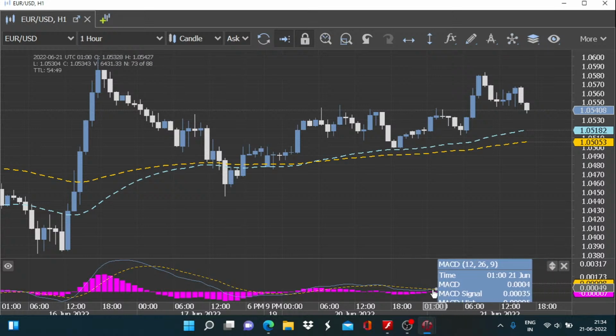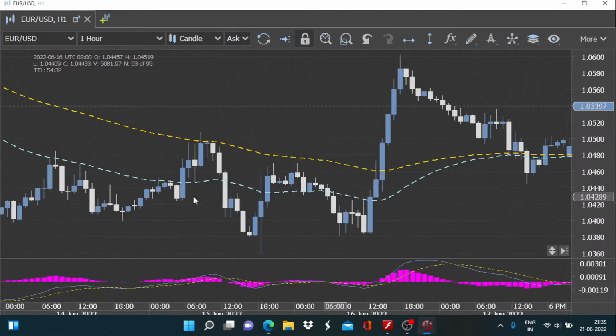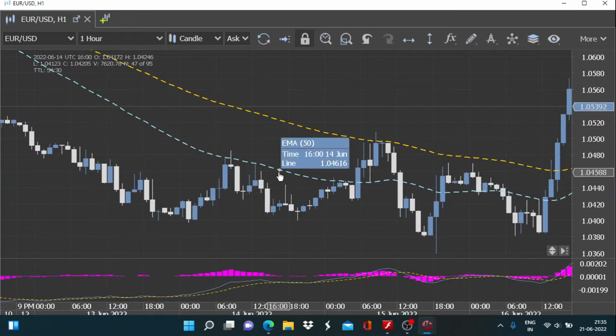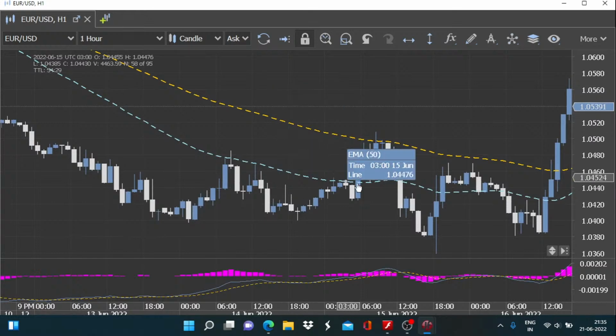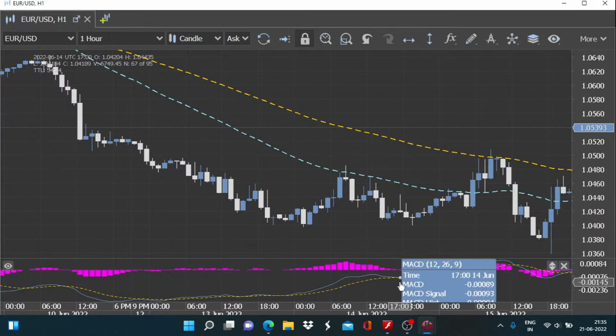So we need the crossover to happen in the MACD, and whenever the MACD crosses above the MACD signal, that's when the initiation will happen, provided the 50 EMA is above the 100 EMA. And for any sell trade to execute, we need the EMA 50 to be below EMA 100, and then we will look to initiate the trade as and when the crossover happens in the MACD and the MACD signal line.